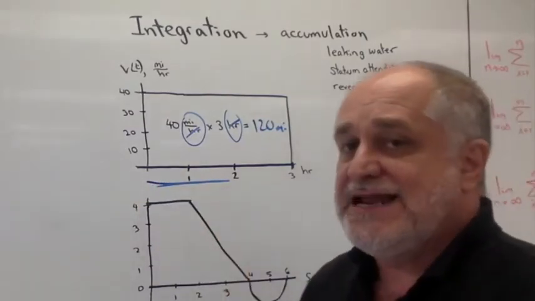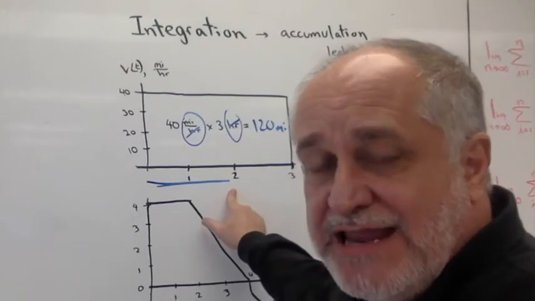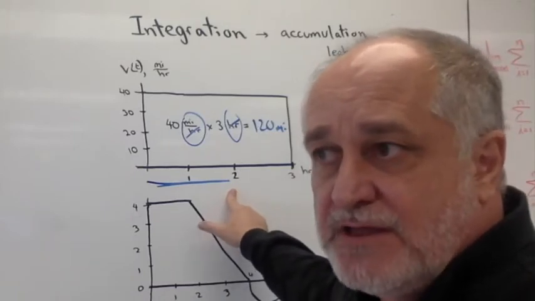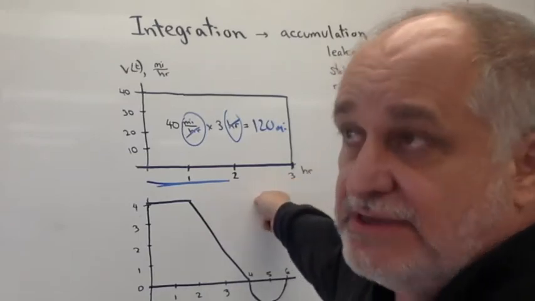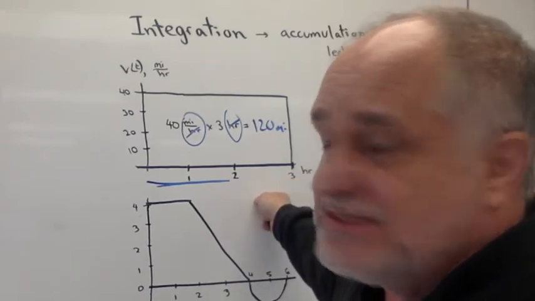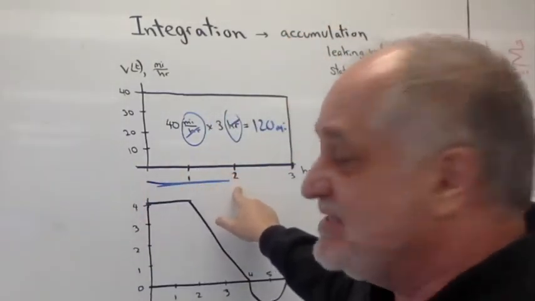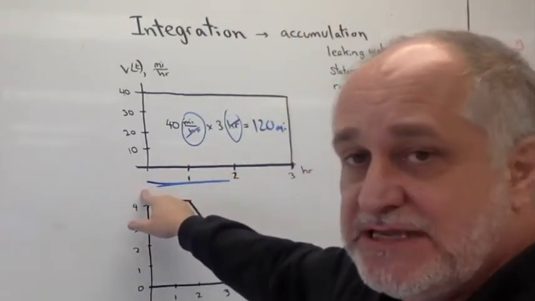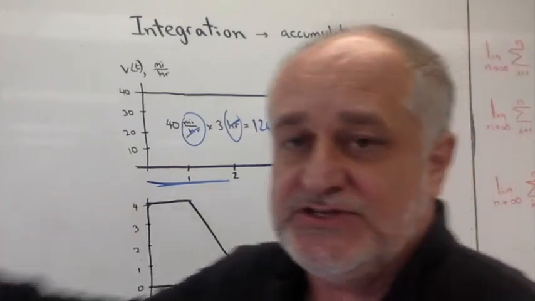If we were going, let's say, negative 10 miles an hour, then our accumulation over time would be a negative distance. If we were to go backwards in time, if we were going at a negative velocity from time t equals 2 to time t equals 0, it's essentially a negative of a negative. It's a double negative, and we would actually get a positive distance.